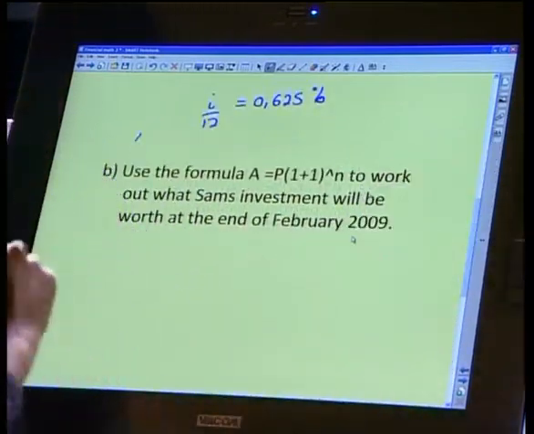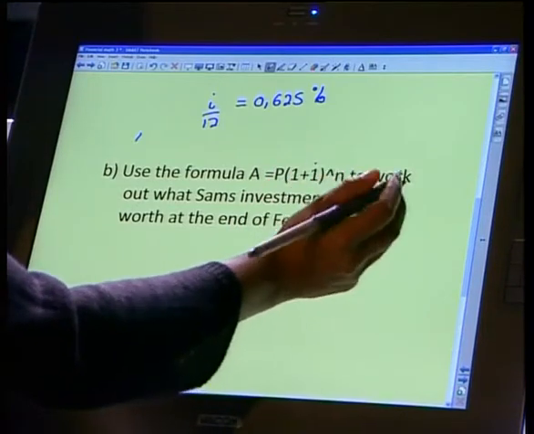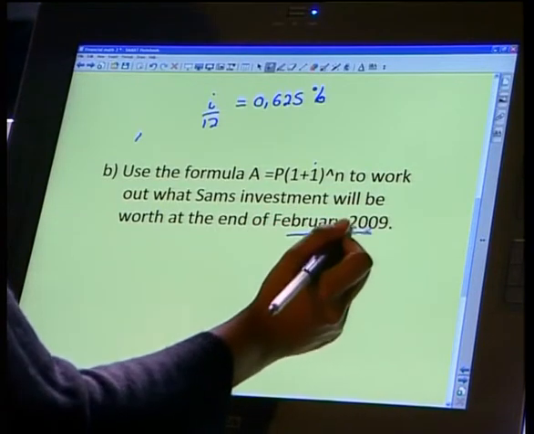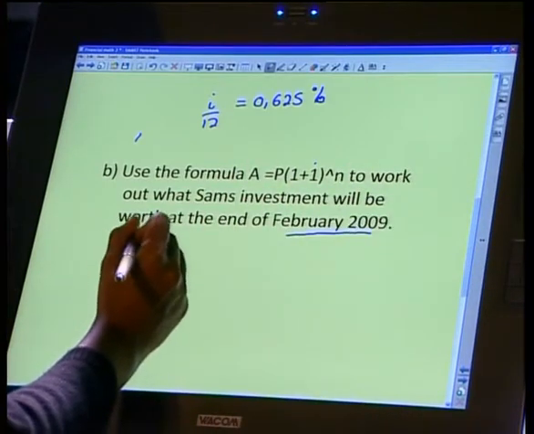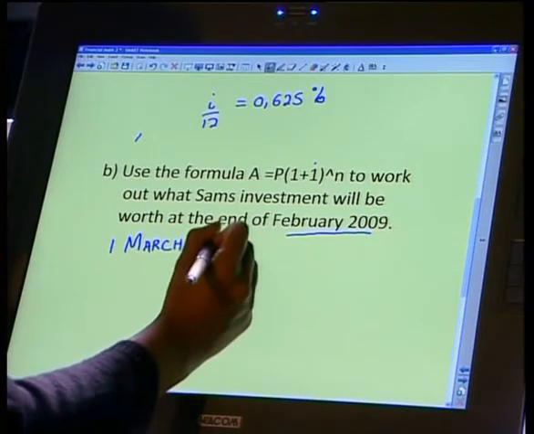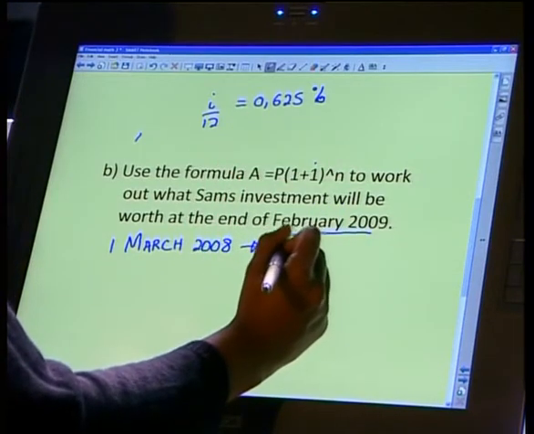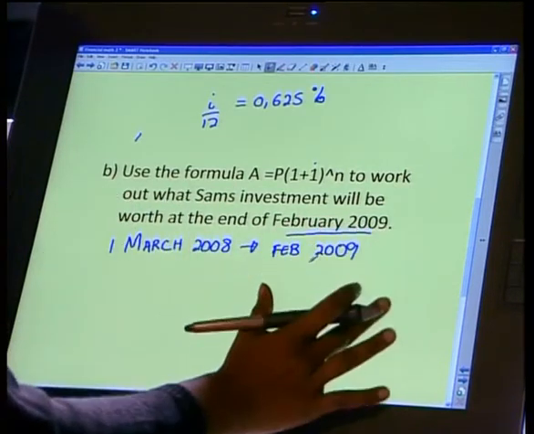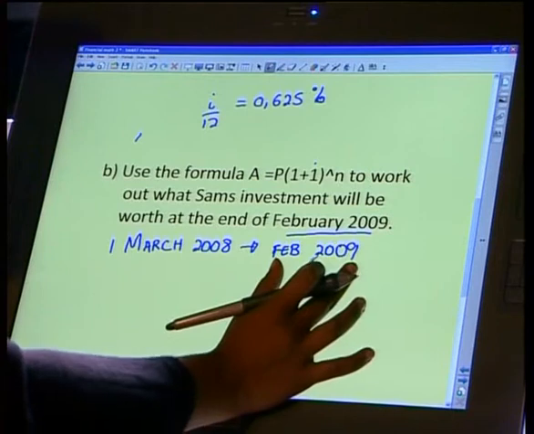Now the next part wants us to use the formula A is equal to P times 1 plus i to the power of n and work out what Sam's investment will be worth at the end of February 2009. So here, remember the question said he put the money in on the 1st of March 2008, and it's going to stay in the account until the end of February 2009.